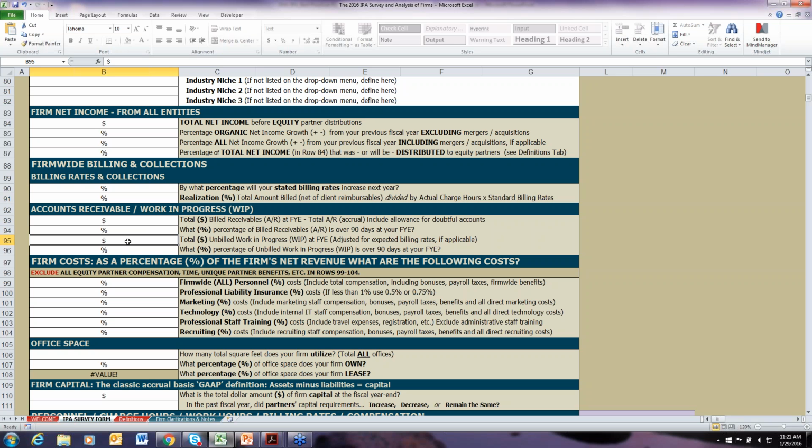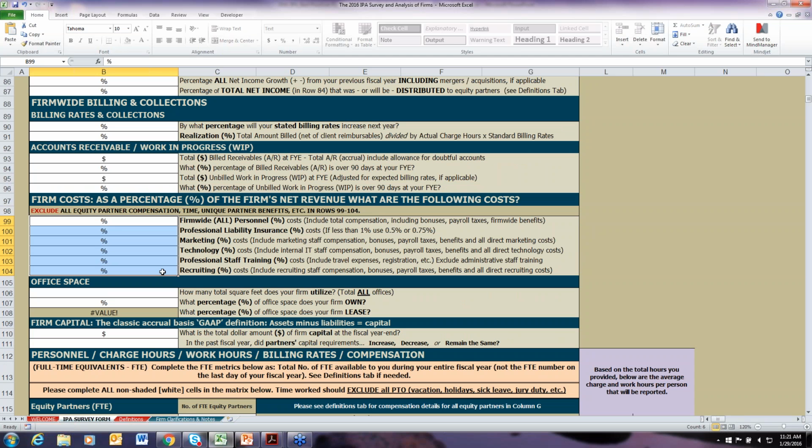In row 95, for total unbilled work in progress, that number should be adjusted, if any, for any additional potential write-offs or write-downs to reflect the truer value. Please report this number based on what you expect to bill it at so we can have a more accurate picture of the value of your work in progress.